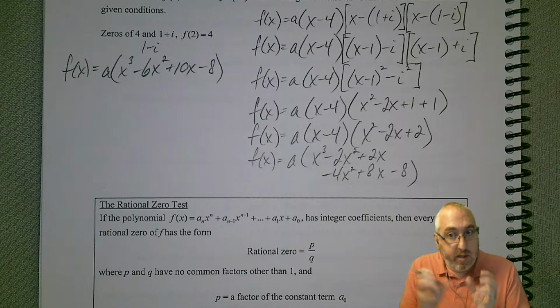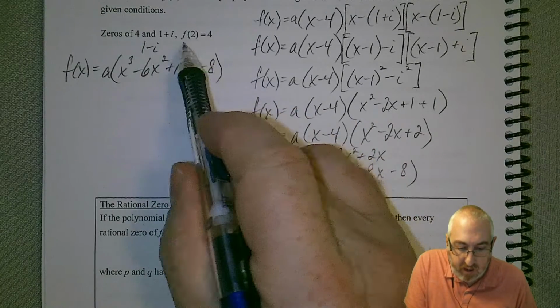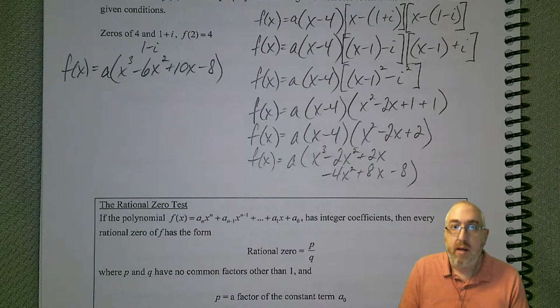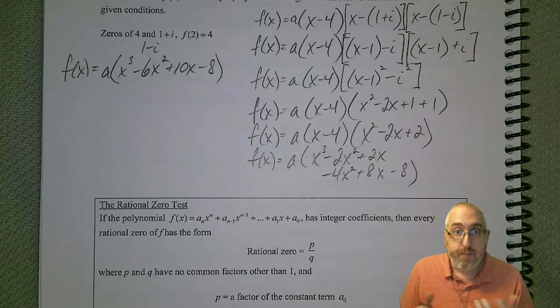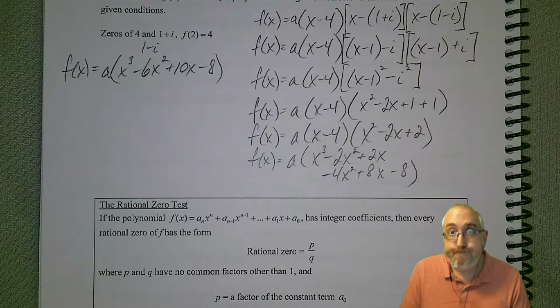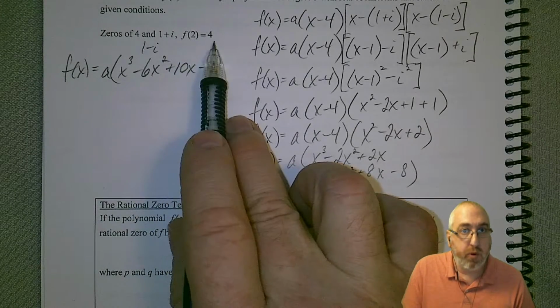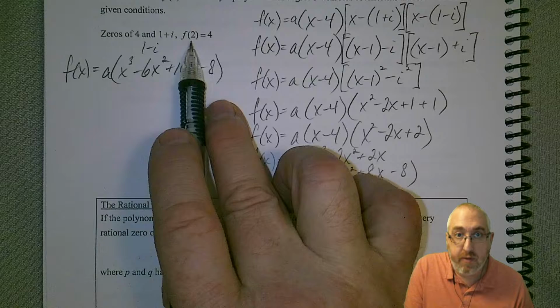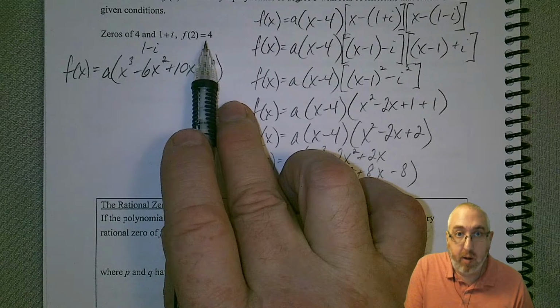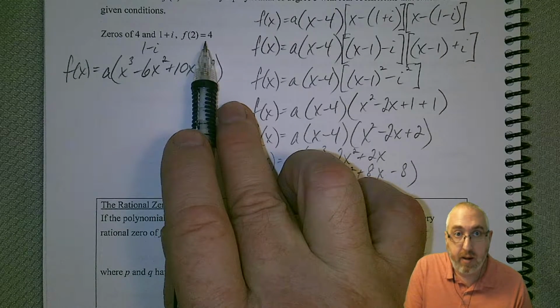We now need to make it specific to satisfy this function value. So how do we do it? Well, if we know that f of 2 equals 4, we should be able to plug in 2 for all of the x's, and we know that the final outcome better be 4 at the end.